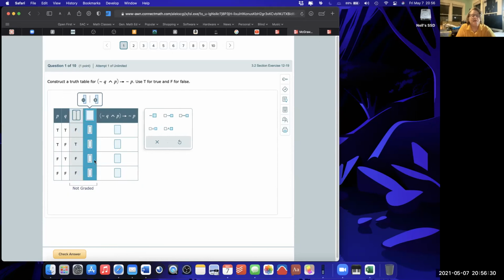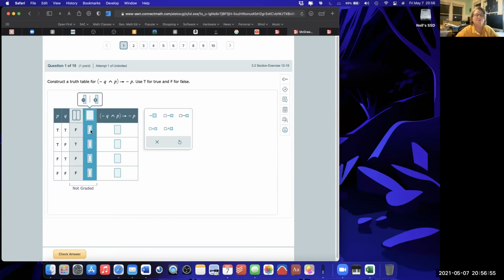Okay, so the next column is going to be not Q and P. Well, let's see. When you and two things together, we have tilde Q and P. When you and two things together, the only way to get a true is if both things are true. Well, the very first option, remember, we're comparing columns 1 and 3.